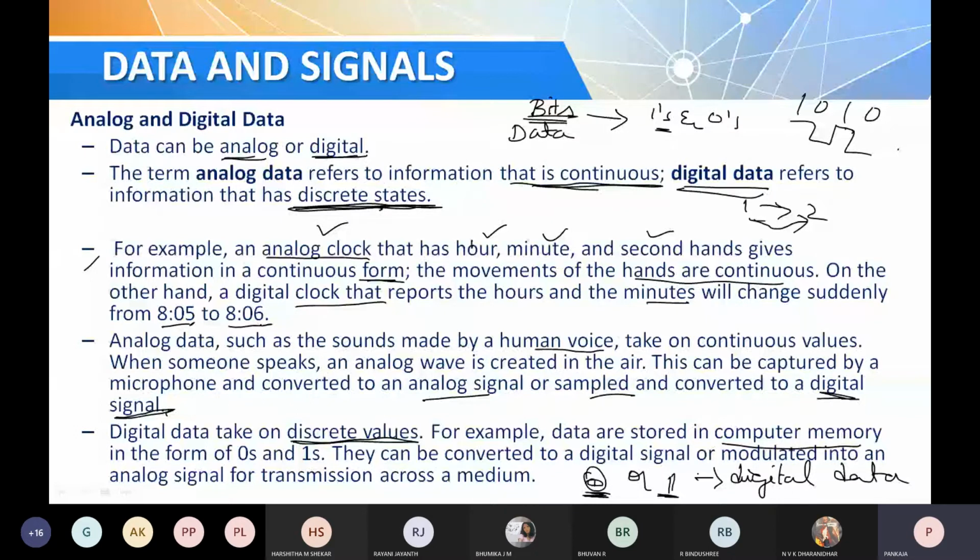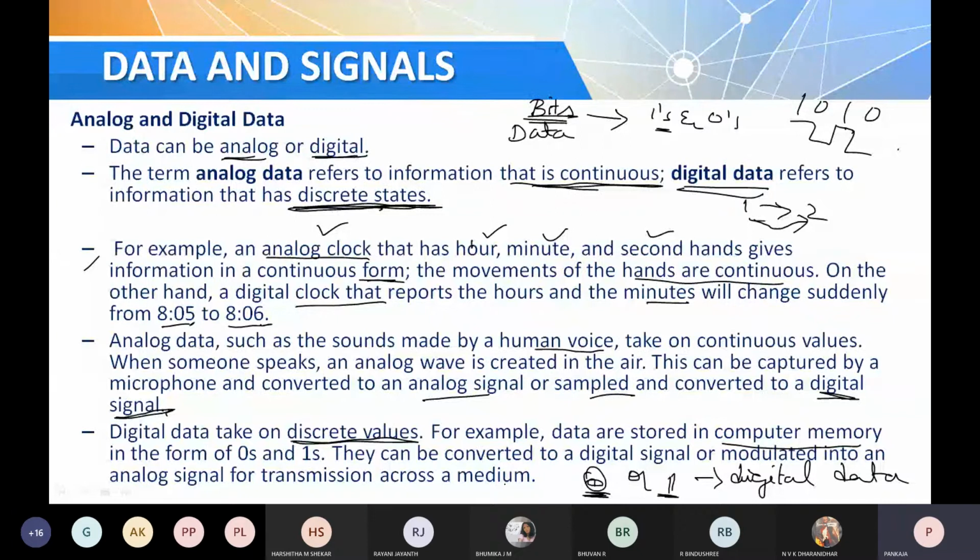So digital data can be converted into a digital signal, or it can be converted into an analog signal also. Those methods of converting this data into signals, either analog or digital, we'll be discussing in detail in the next chapter, conversion of signals. Here we'll be focusing only on working with the signals.